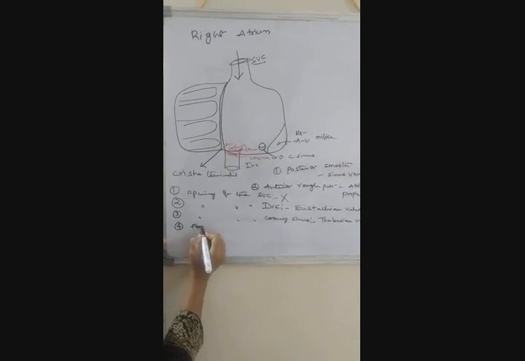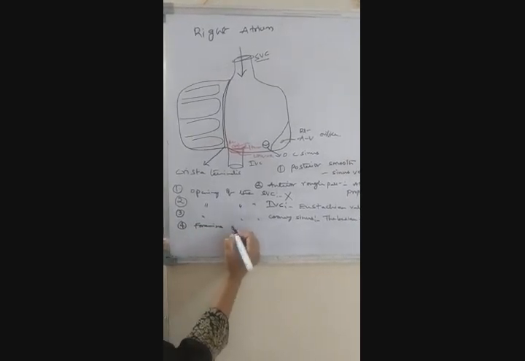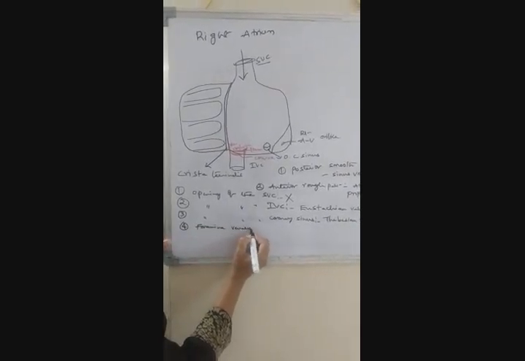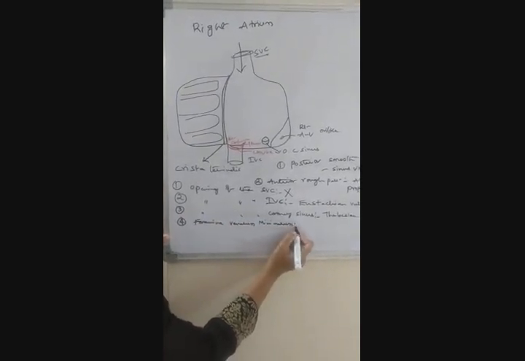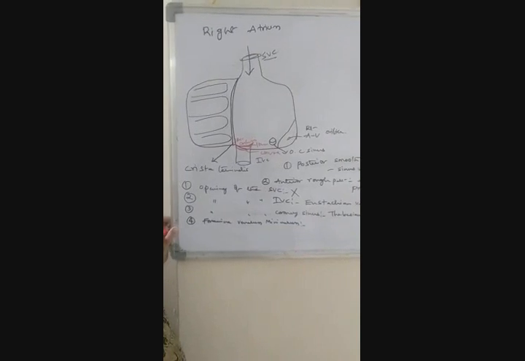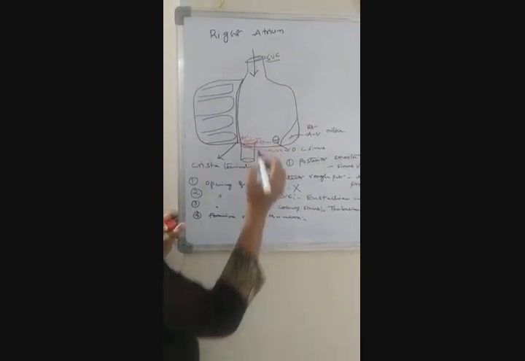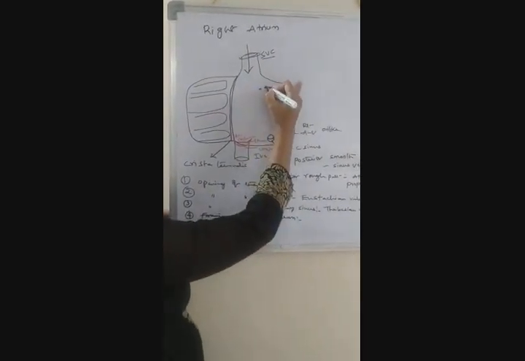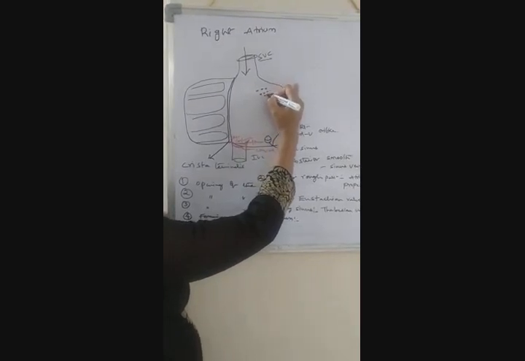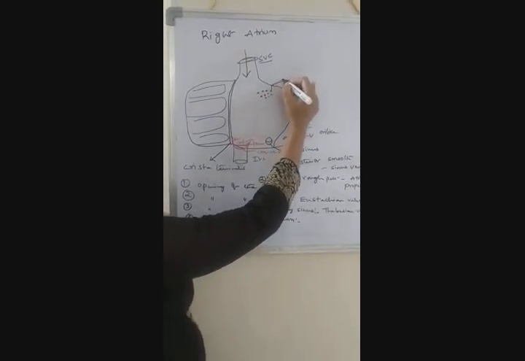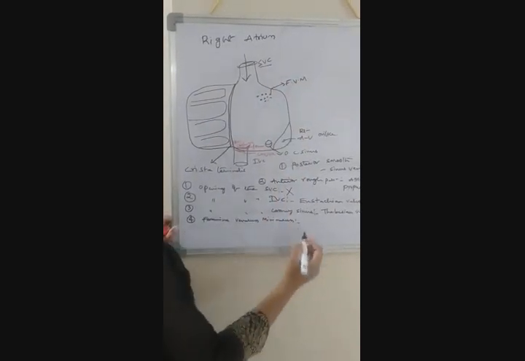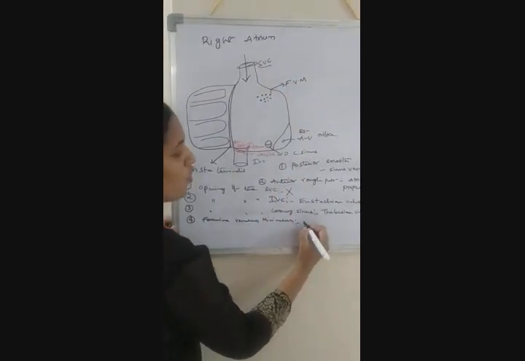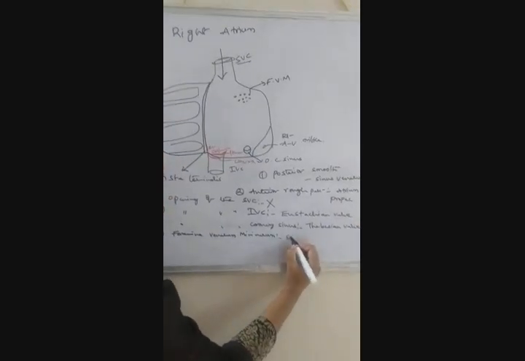Next, coming to the foramina venarum minimarum. Okay, these are very small openings. These are the very small openings of the small cardiac veins.